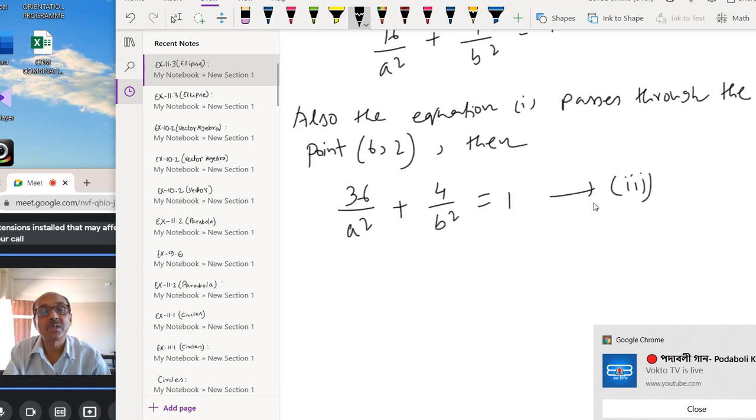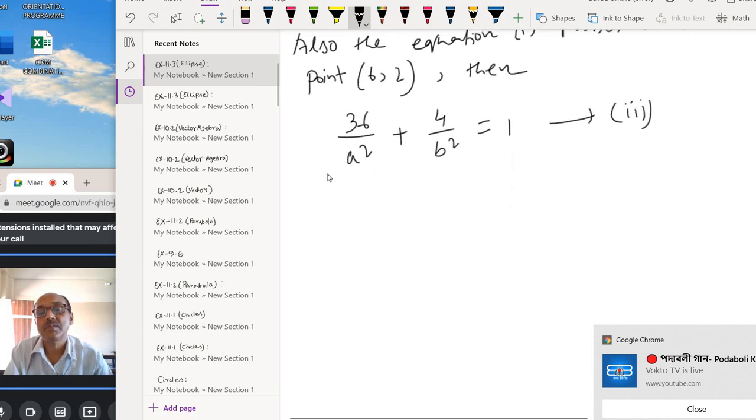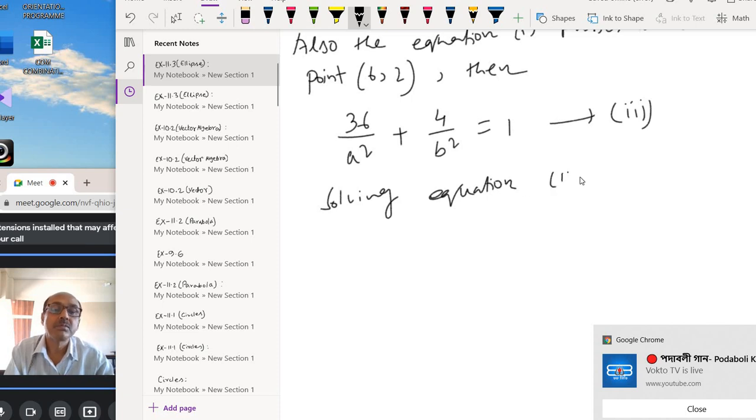Now solve these two equations 2 and 3 and find a square and b square. Solving equation 2 and 3.